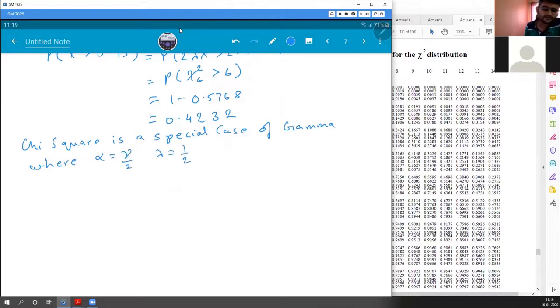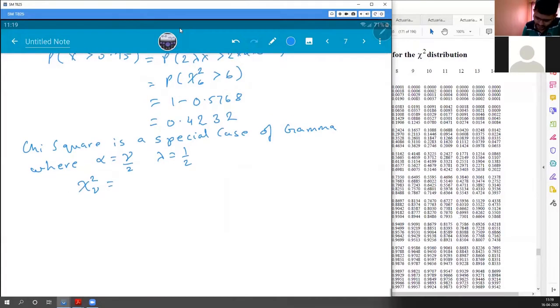How do we get that? We are not going to go into it. But this is what we get, and we say our chi-square nu will be same as gamma nu by 2 comma half.